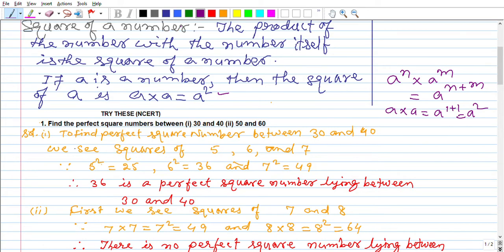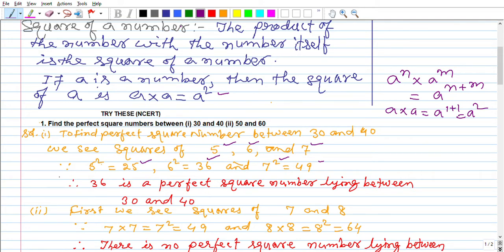First of all we see the squares of 5, 6 and 7. 5 square equal to 25, 6 square equal to 36, 7 square equal to 49. So therefore 36 is a perfect square number lying between 30 and 40.